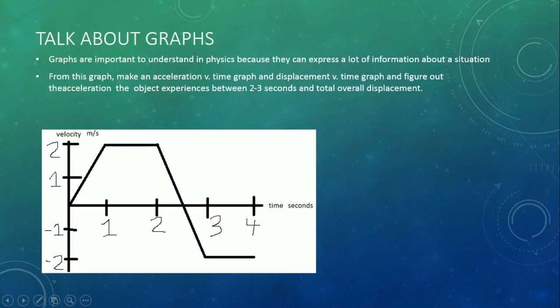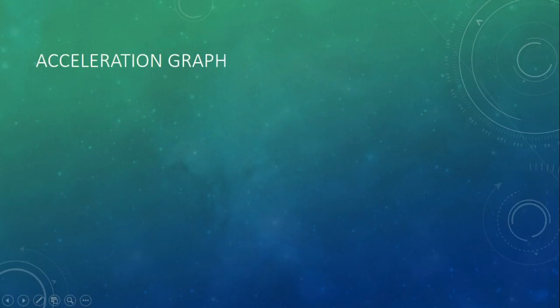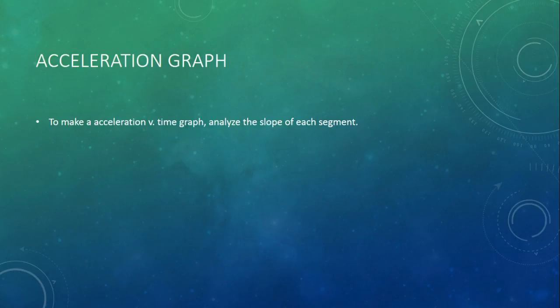So we're going to have to make two other graphs to solve this problem that I made. And this is the graph that I give you. So we have a velocity versus time graph. Velocity is in meters per second, time in seconds. That's all good. So now the acceleration versus time graph.